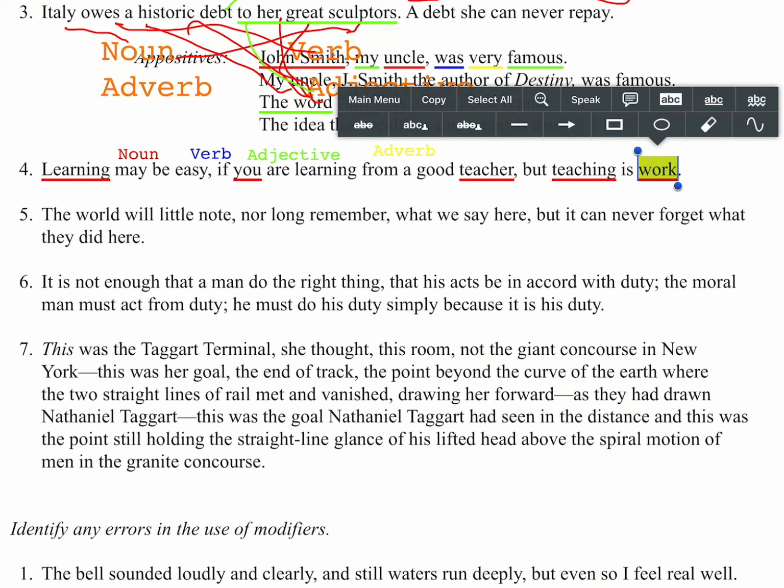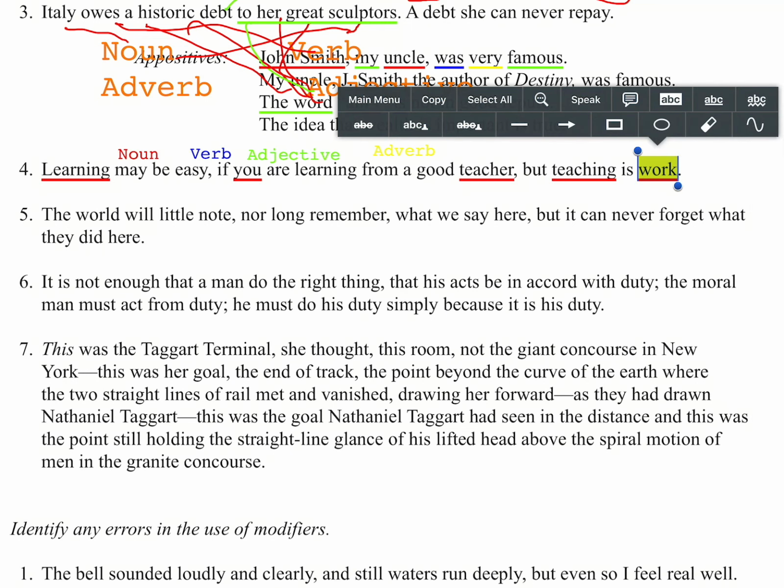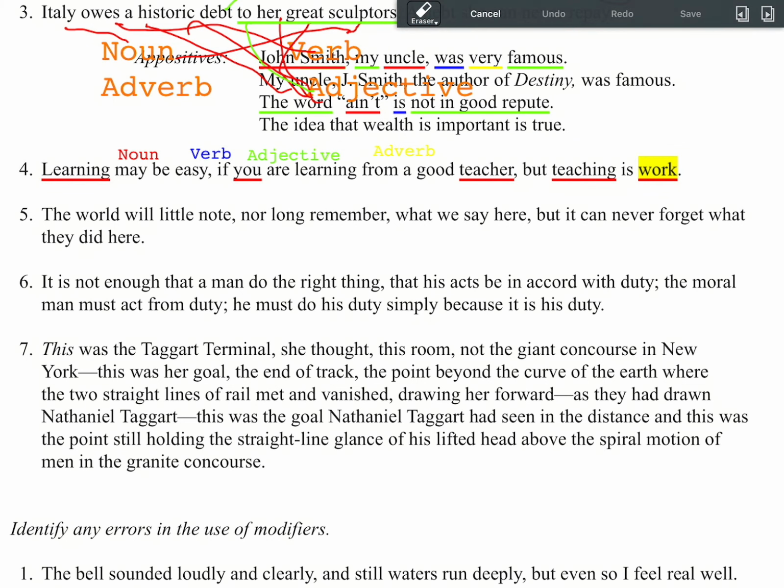That's not what I wanted to do either. How do you clear it? Oh, erase?